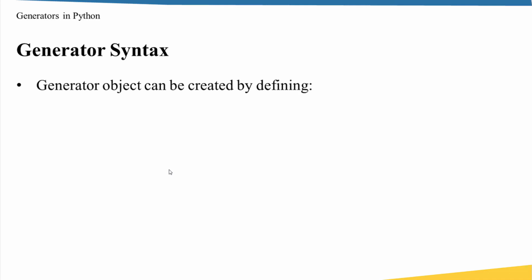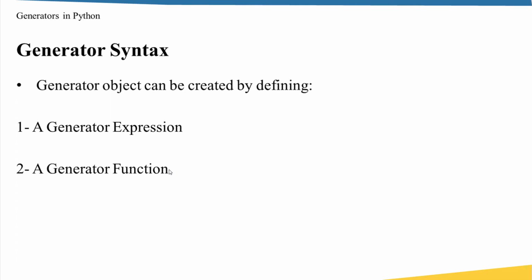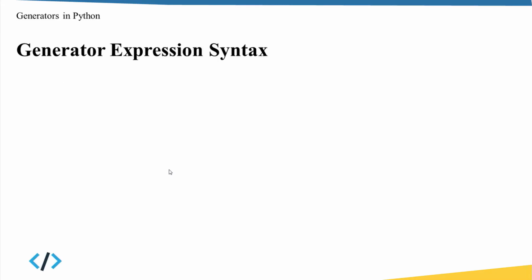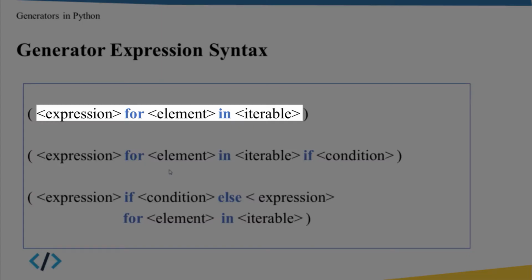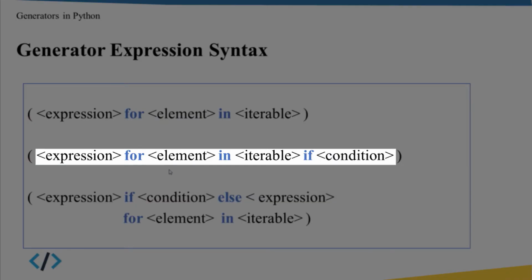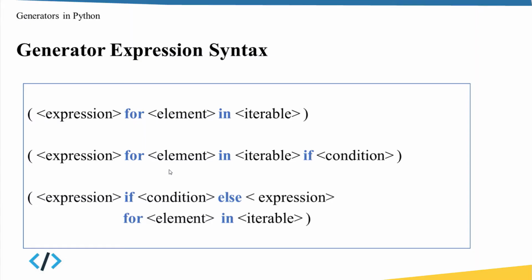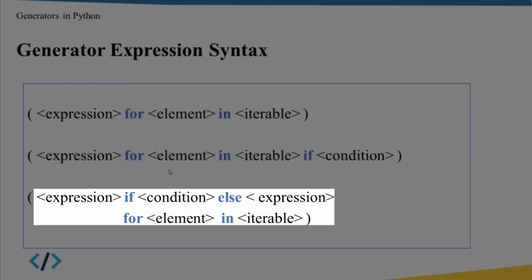Now, to create a generator, you have to know that we are able to create generators in two ways. The first one is using a generator expression, the second one is using generator functions. Let's see the first way. Actually, there are three syntaxes you have to be familiar with in order to define a generator. We have expression for element in iterable, we have expression for element in iterable if a condition, and we have expression if condition else expression for element in iterable.